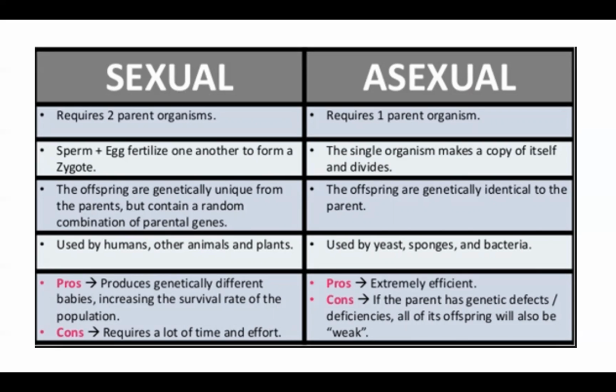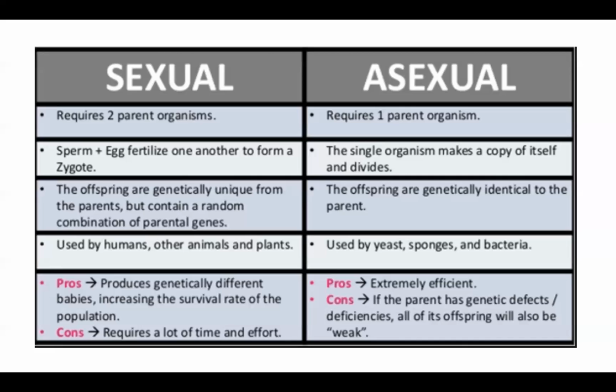The offspring generated from sexual reproduction are going to be genetically unique from the parents, but contain a random combination of parental genes. So this is all happening due to random chance. There's no rhyme or reason to which genes you'll get from mom and which genes you'll get from dad. That's all happening randomly, and we'll see that process in just a moment. We talk about crossing over.